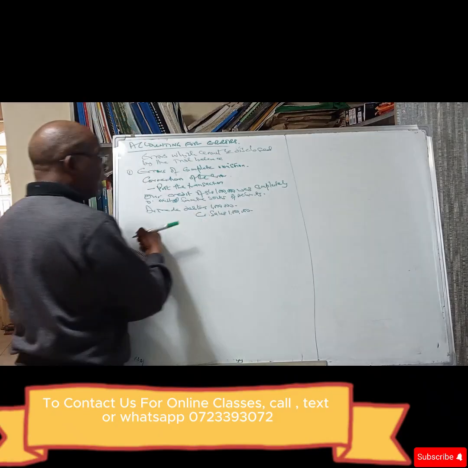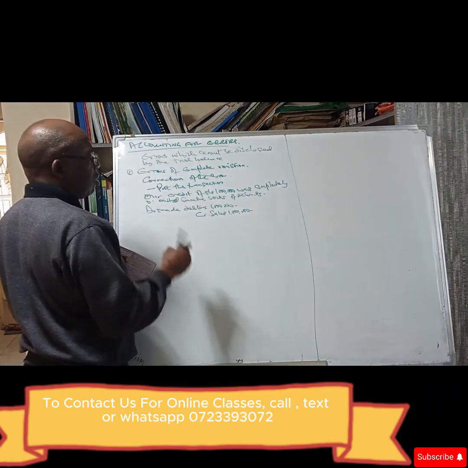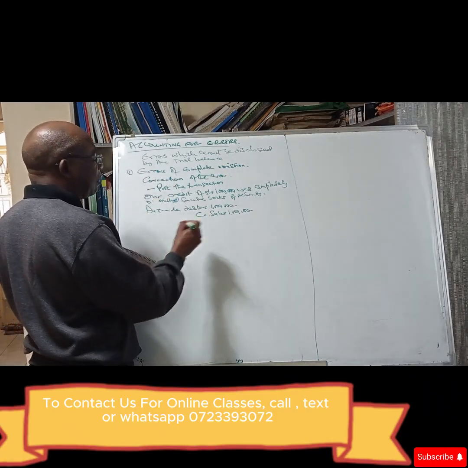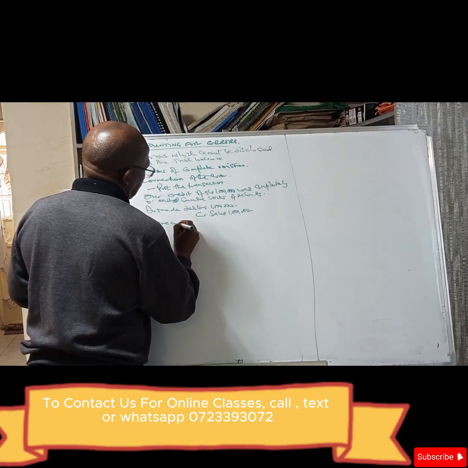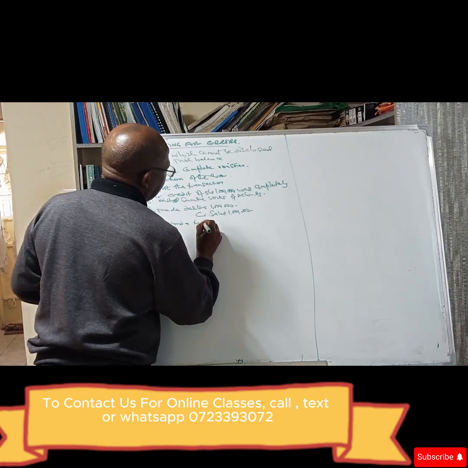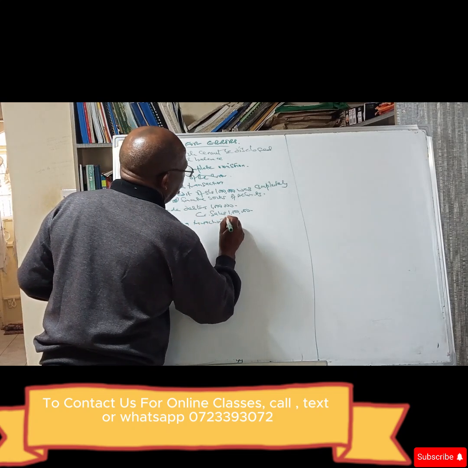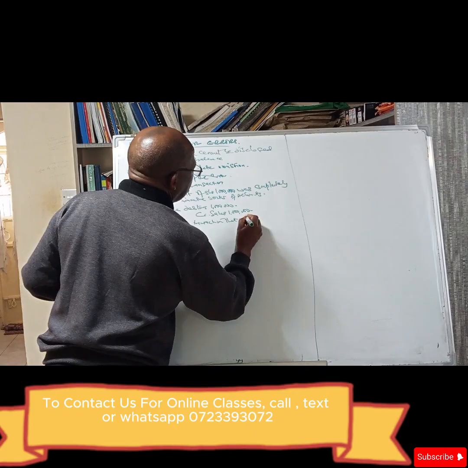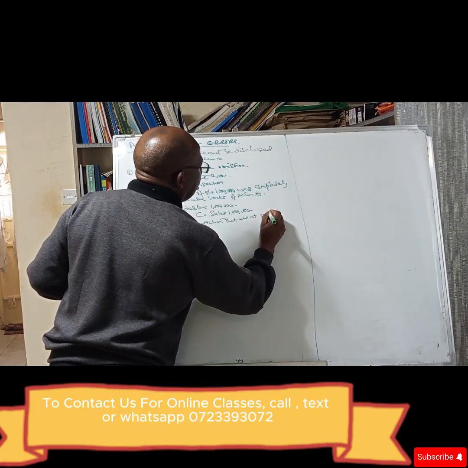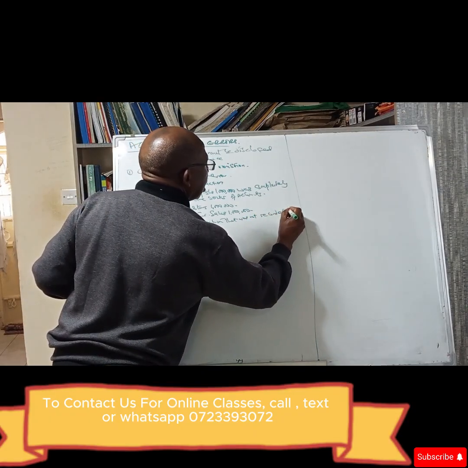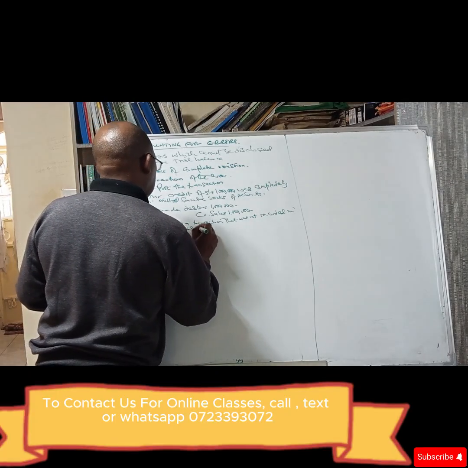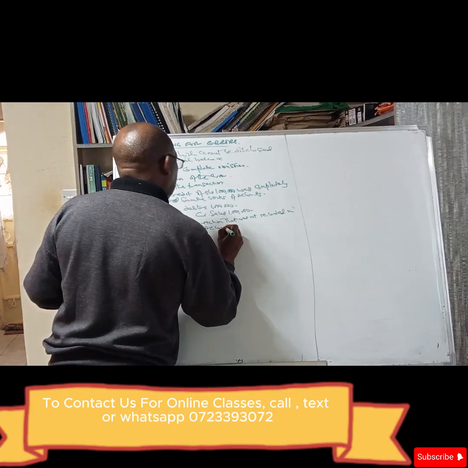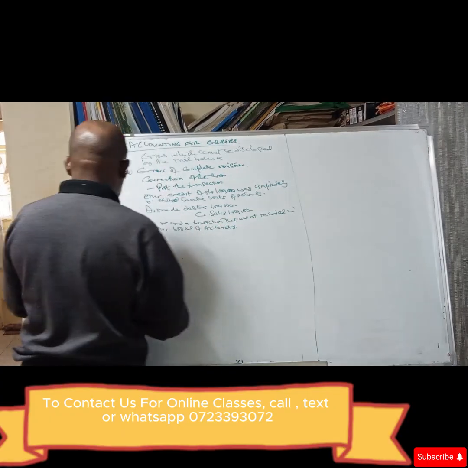And then if this is a journal that you are supposed to prepare, you must never forget that you always describe the journal. Say, to record a transaction that was not recorded in our books of accounts.